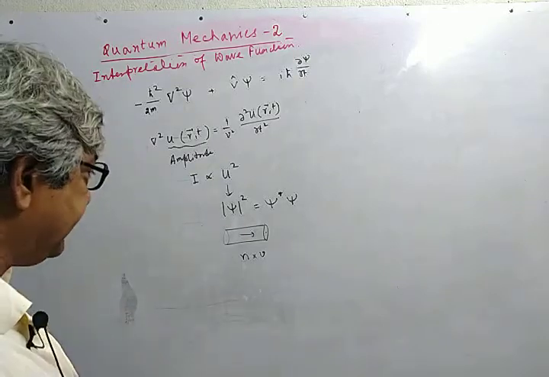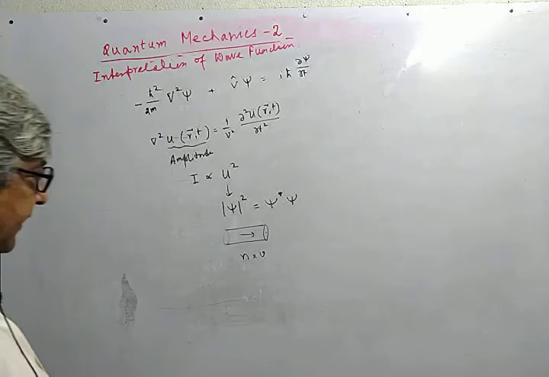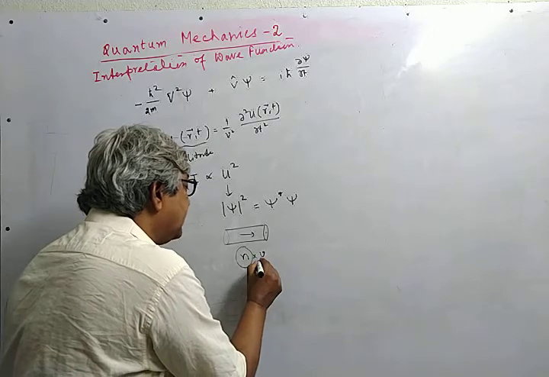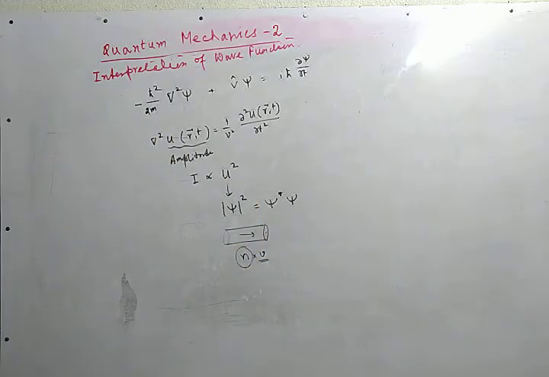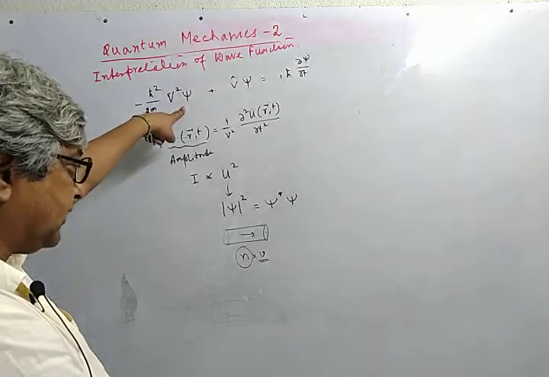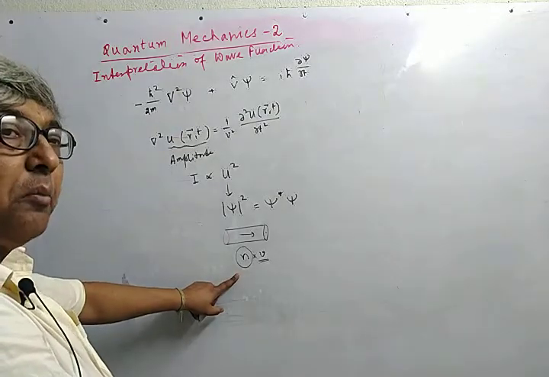Keeping this in mind, Born came with an interpretation which considers this part only, and he ignored this part, and so he put forward the interpretation of the wave function as a representation of the probability density.